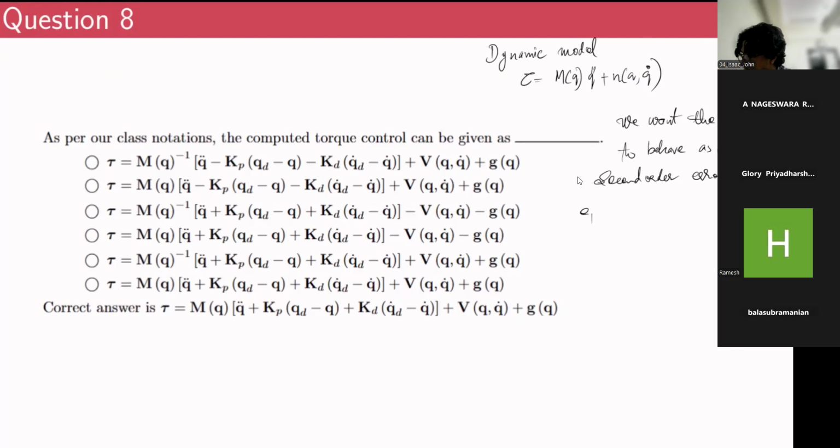e double dot plus K1 e dot plus K2 e equals 0. We want the system to behave as per this second order error dynamics.